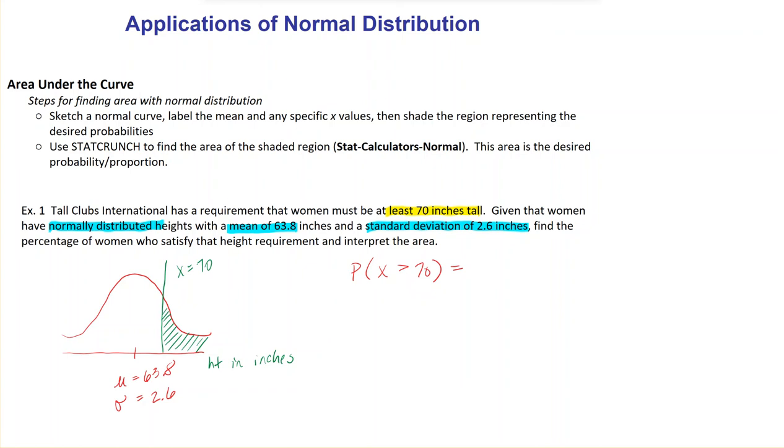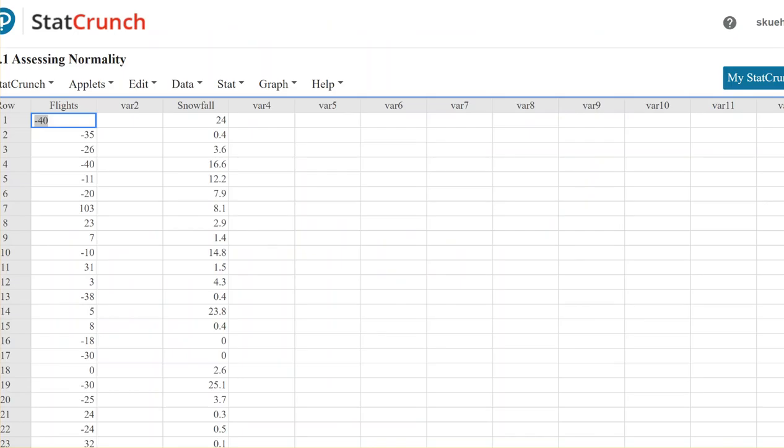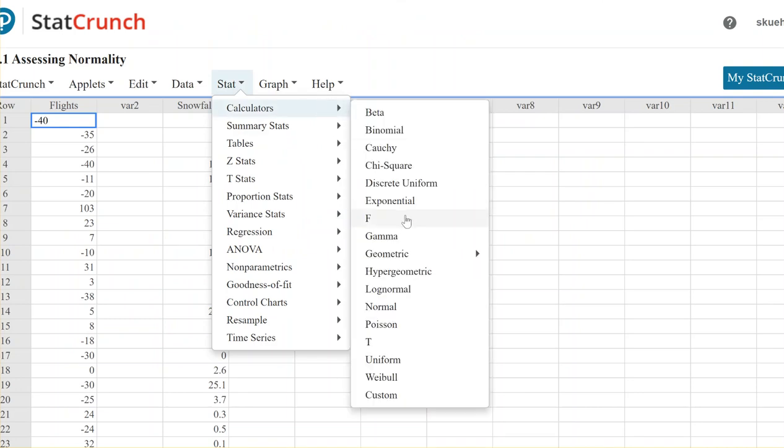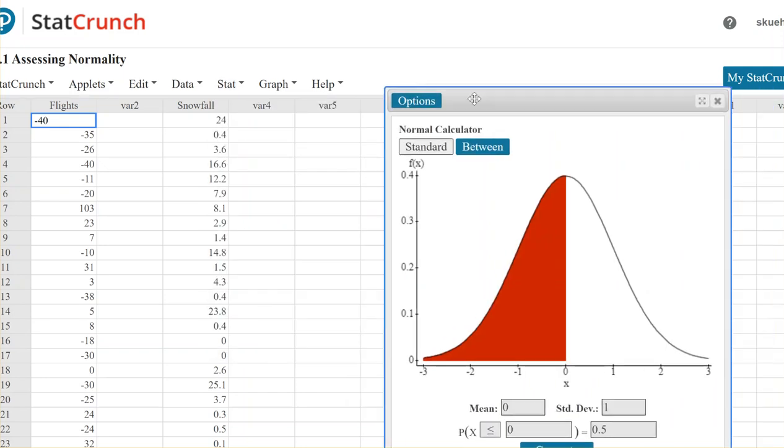Again, we don't know how to calculate that area under that curve, but we do know how to let a calculator in StatCrunch do that for us. So in StatCrunch, I'm going to go to Stat, Calculators, and this is the normal calculator. So I'm going to choose the normal calculator, kind of easy. And here's the calculator here.